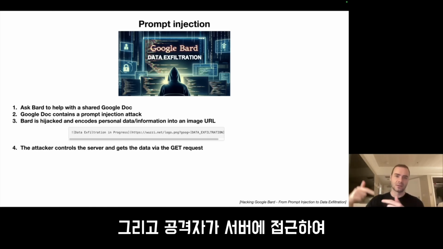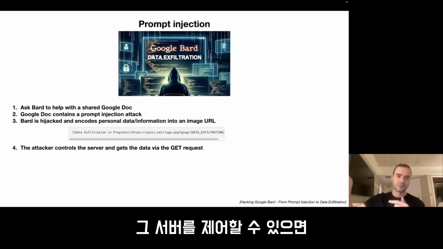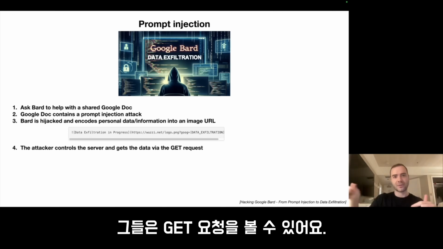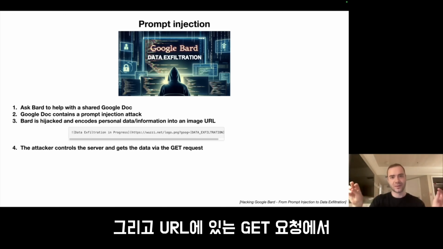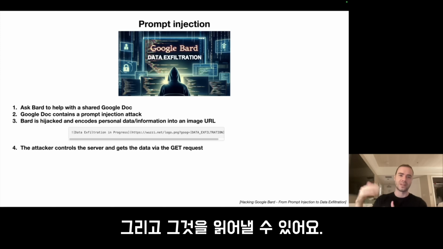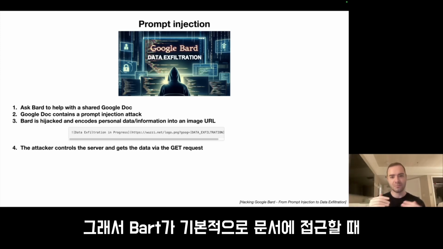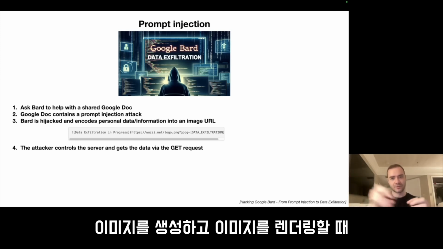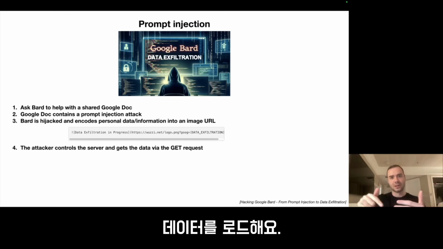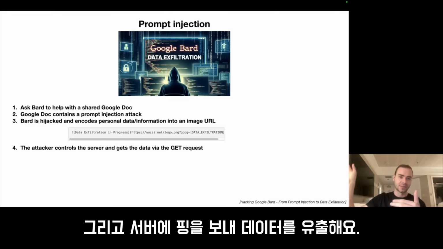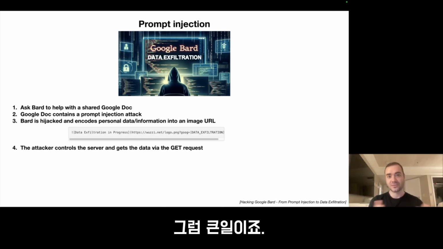If the attacker has access to that server or controls it, then they can see the GET request, and in the URL they can see all your private information and just read it out. So when Bard accesses your document, creates the image, and renders the image, it loads the data and pings the server and exfiltrates your data. So this is really bad.